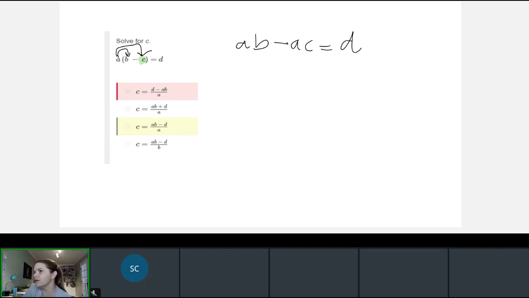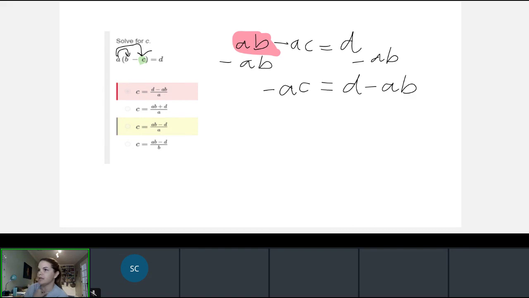All right, so then we're solving for C. So this whole thing, A times B, is just a number, right? So we would treat it like it was just a number. So we're going to subtract AB from both sides. So we'd get negative A times C equals D minus A times B. And this is the other part that's a little bit tricky.